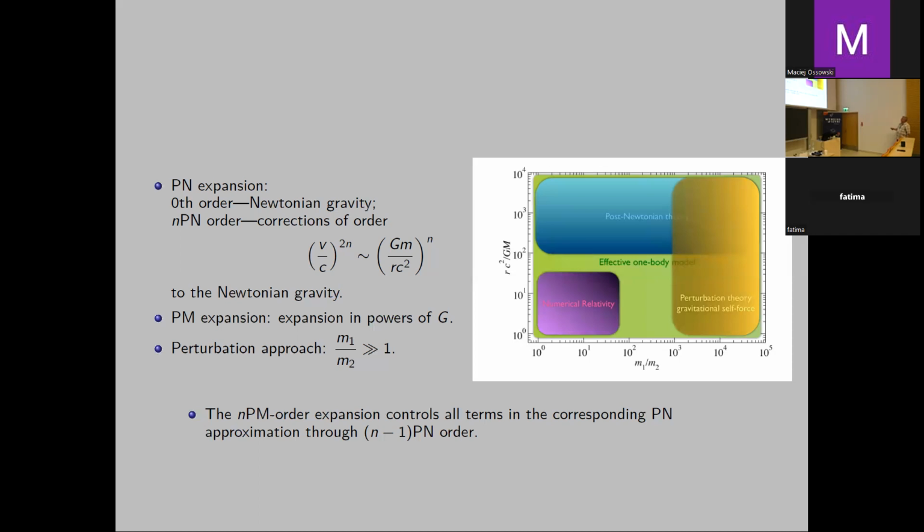It means that the mass ratio should be large enough, and then we can cover the whole evolution independently of the distance between the bodies. And we have the region of validity of post-Newtonian theory. It means that, again, the mass ratio is arbitrary, but the distances should be large enough. And this green feature is the effective one-body model, which tries to cover the whole space.